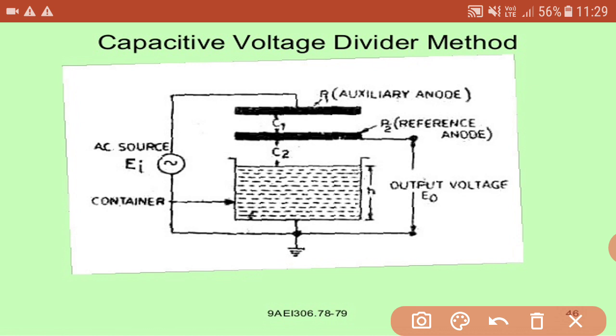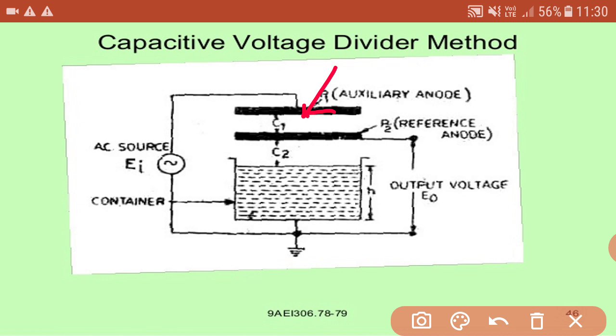In this case we can see there are two plates. One is P1 and it is known as the auxiliary anode.